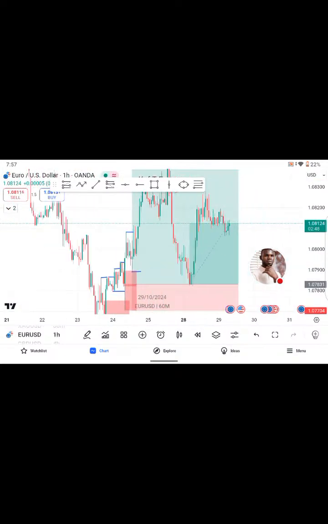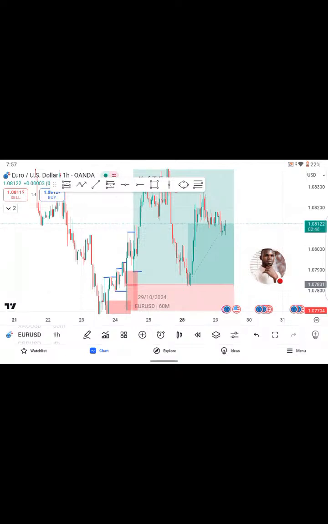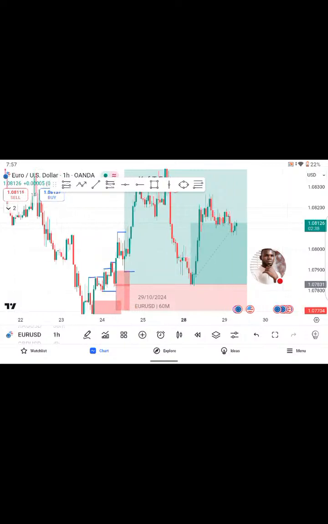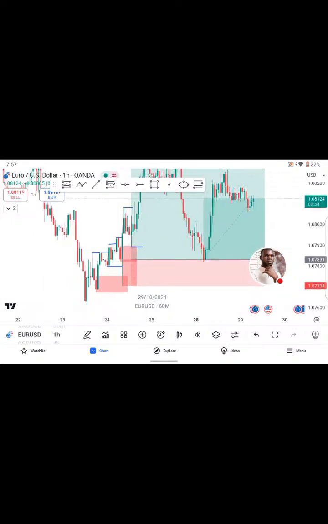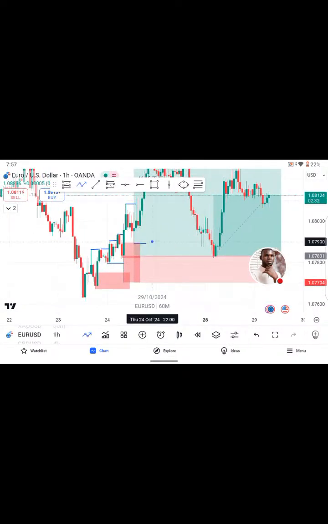Okay. Actually, I was expecting the trade to activate on Friday, which did not activate. It also followed the same logic that I trade. We have this, let me do it so that you can see.